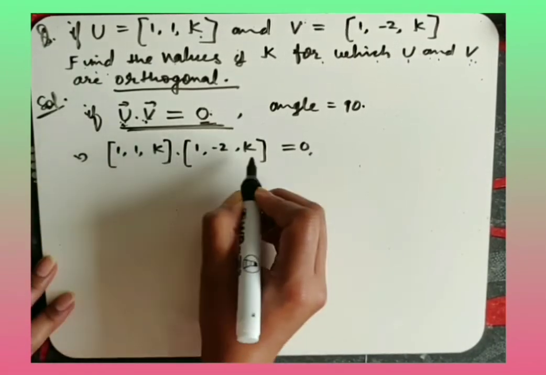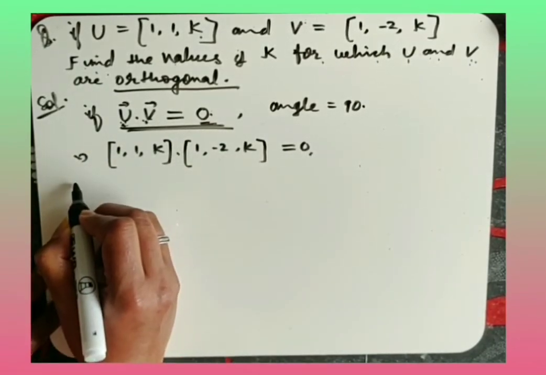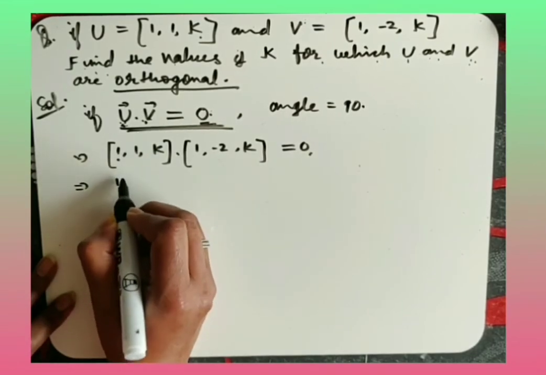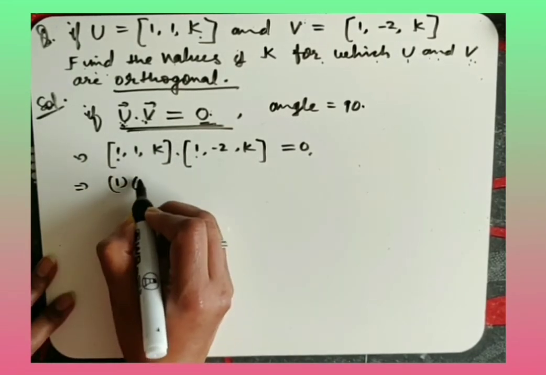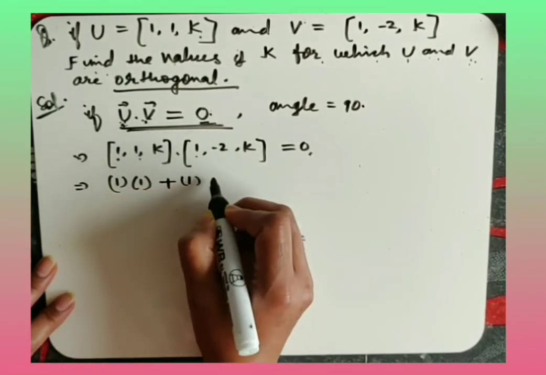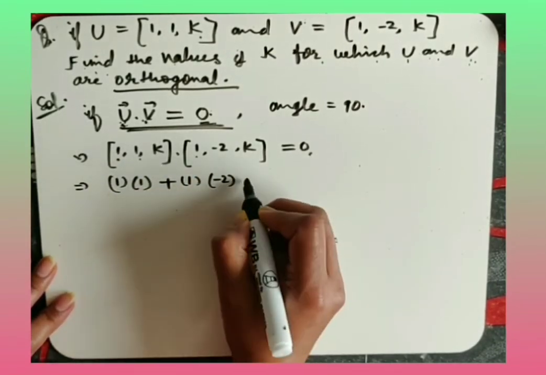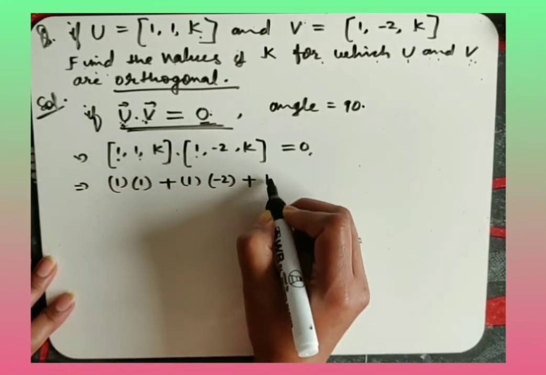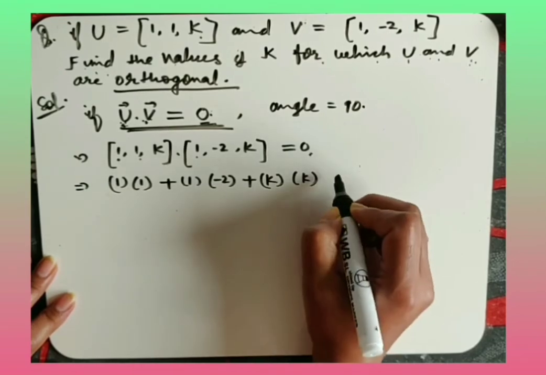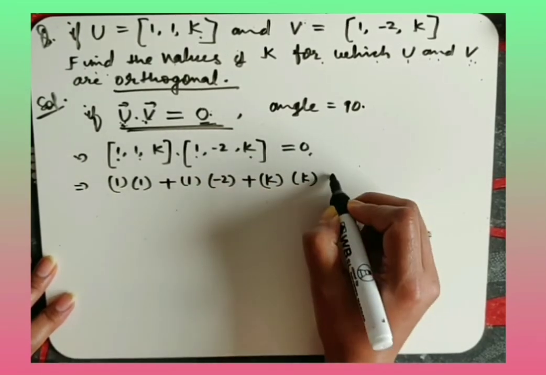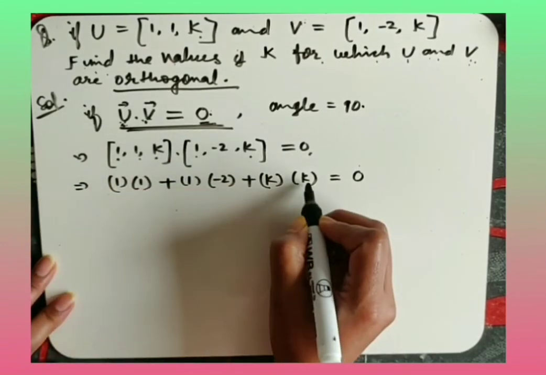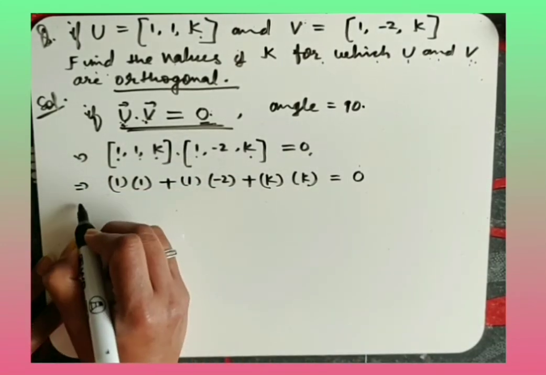Dot product means first component of u multiplied by first component of v, plus second component of u multiplied by second component of v, plus third component of u multiplied by third component of v, equal to 0.